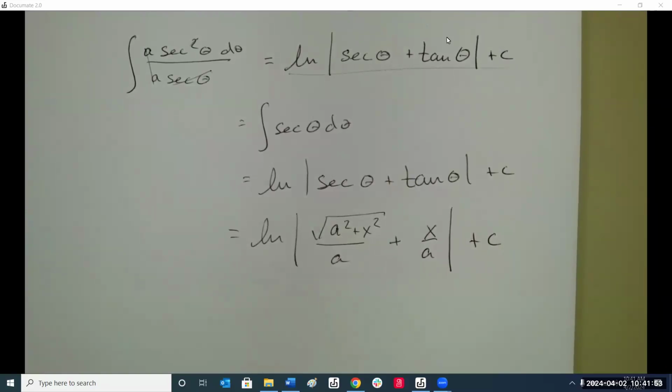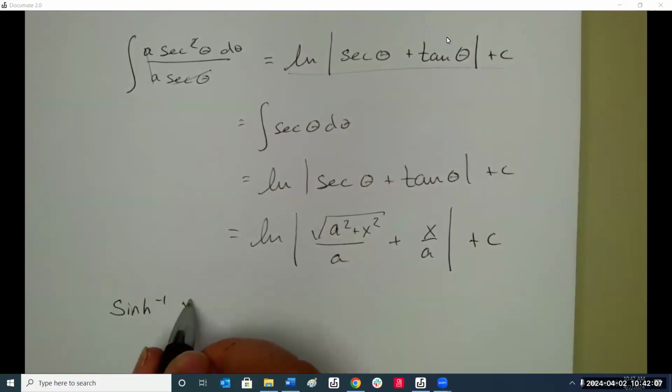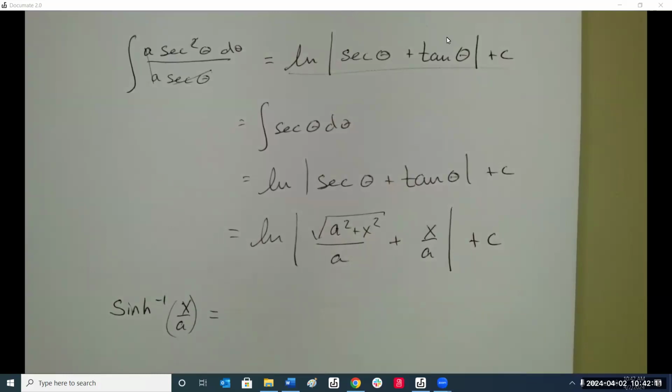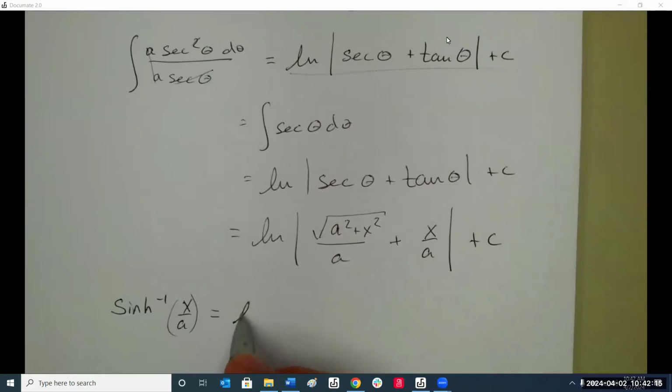All right, so in this one, we find the expression of the inverse hyperbolic sine. So we're looking at how it relates to the inverse hyperbolic function of x over a, because we're looking for the angle. And that's what d theta is, this is the angle we're looking at.